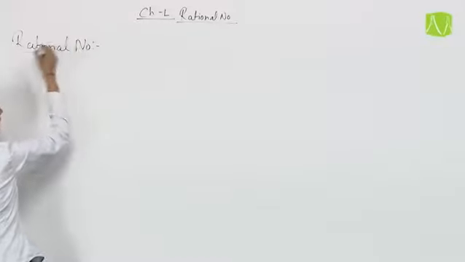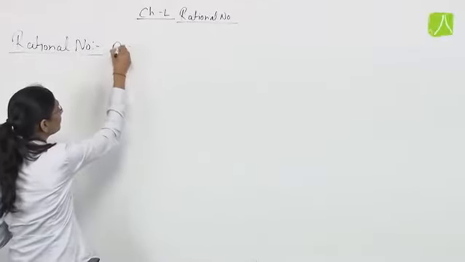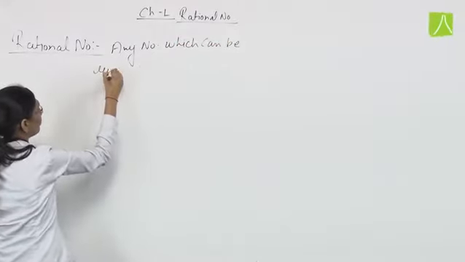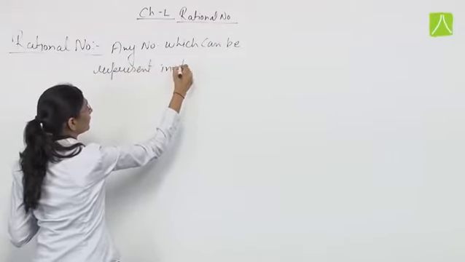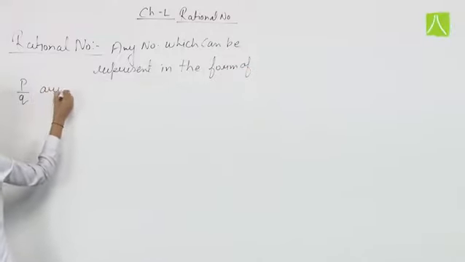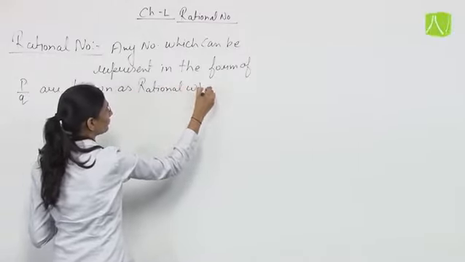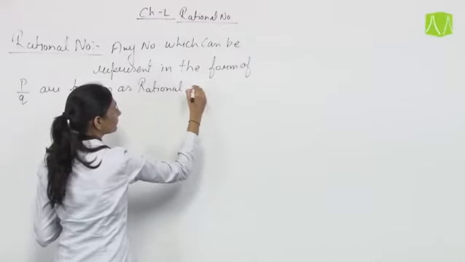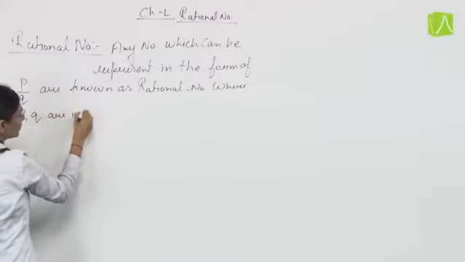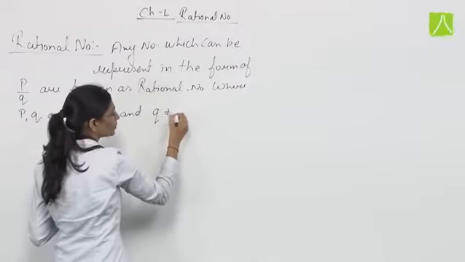Any number which can be represented in the form of p by q is known as a rational number, where p and q are integers and q should not be equal to 0.